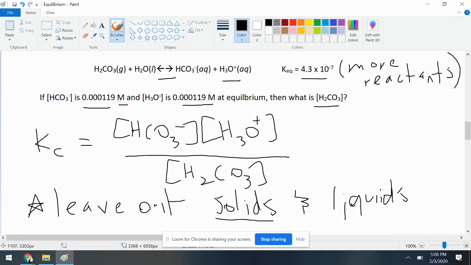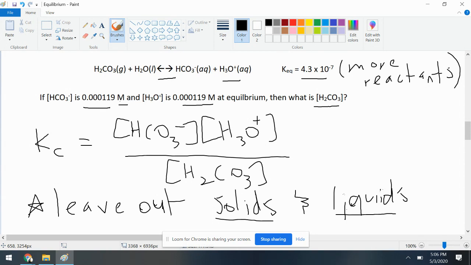Okay, so why do we have to leave out solids and liquids when we're setting up our equilibrium expression? The reason is that we're dealing with concentration. When you think of concentration, you think of how many moles per how much solvent, or how much solute you have in a solvent. Solids and liquids are considered pure. You can't have something that's concentrated for liquids or solids, so we don't include them in the expression.